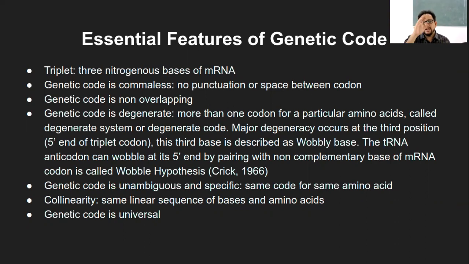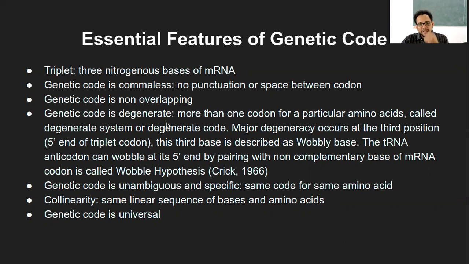So that way it is non-overlapping. And if it had been overlapping, then it would be like, let's say first 1, 2, 3 will code for one amino acid, then 2, 3, 4 will code for another amino acid. That would be overlapping, but that does not exist in any living organism. So that's why the genetic code is non-overlapping.